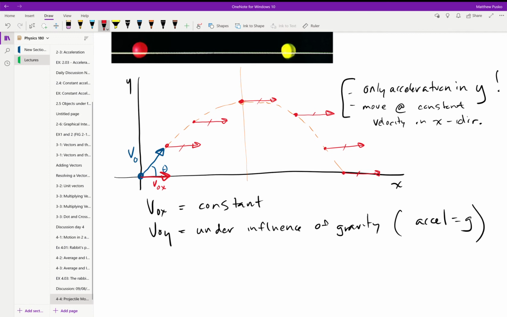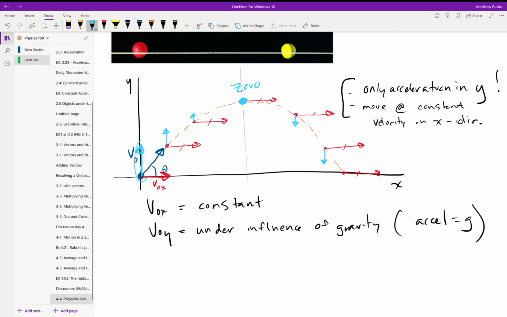What we need to look at though is if this had some y component of velocity that looked like that, up here at the top it's going to have a 0 y component. It has to go to 0 so it can change direction. So the acceleration is causing the velocity to get smaller and smaller. Then it gets to 0 up at the top, and then it turns around, comes the other direction, and the acceleration pulls it back down to Earth.